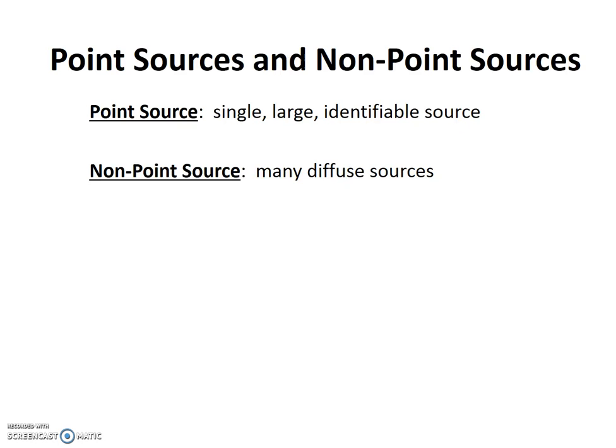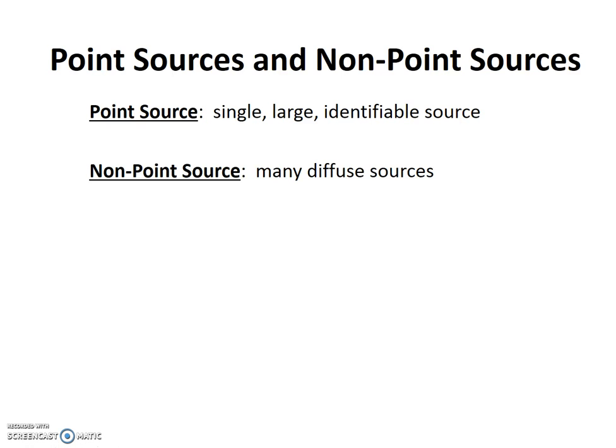For air pollution, point sources might include coal-burning power plants, large industry, etc. Non-point sources might include agricultural dust blowing off of thousands of acres of farm fields, smoke coming out of every home chimney, and exhaust from cars.